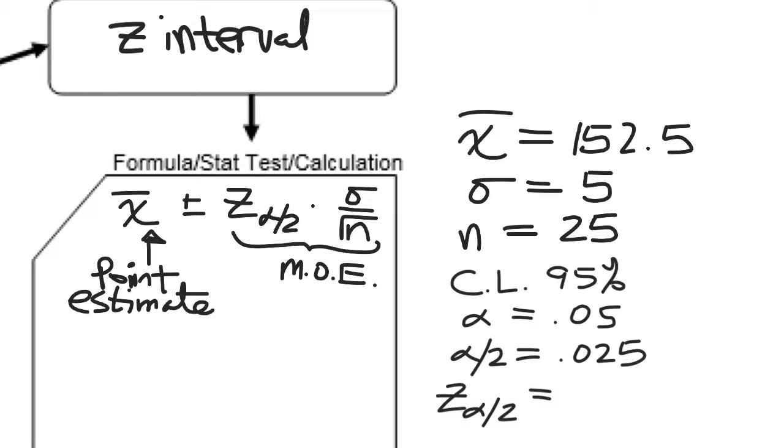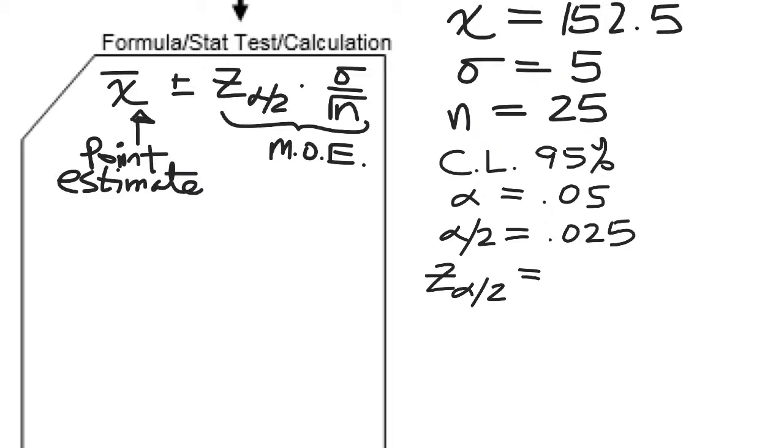We've done this enough, so I'm just going to allude to what I'm typing into the calculator rather than showing it. It's in our distribution menu, inverse norm of 0.025. Because we need the plus or minus associated with it, we'll just take the absolute value of this number, 1.96 approximately.